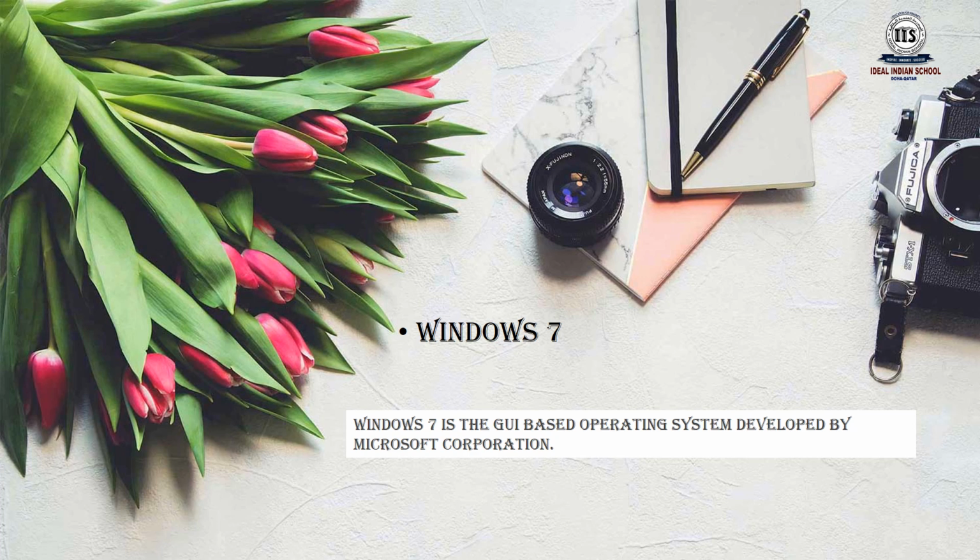Windows 7 is a GUI based operating system developed by Microsoft Corporation. Windows 7 controls the overall activities of the computer as well as the operation of each and every part of it.